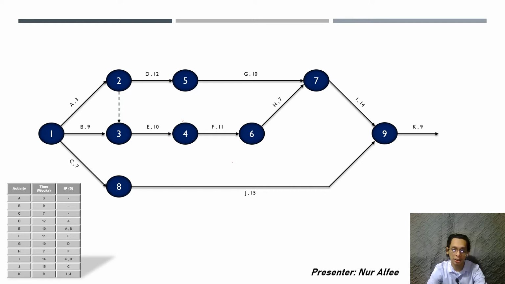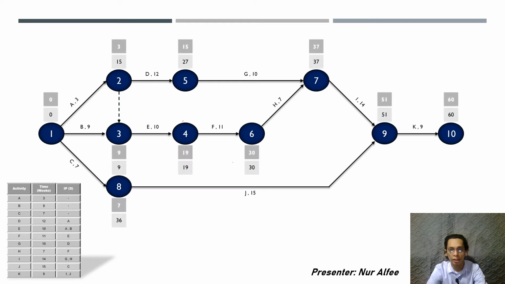Next is the last event, event 10. As we can see, there is a total of 10 events, and here are the EET and LET for the PERT diagram.